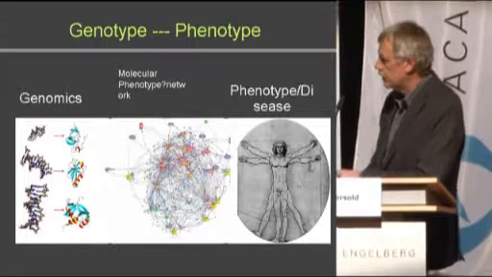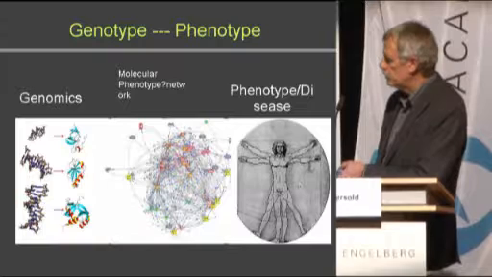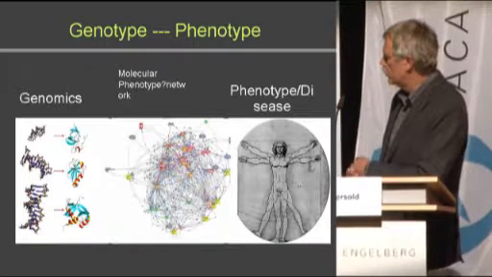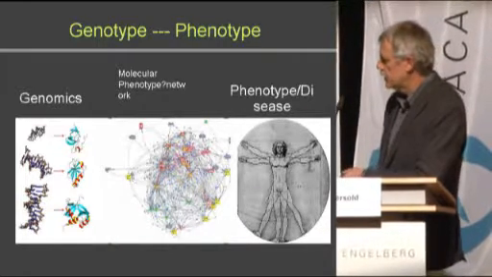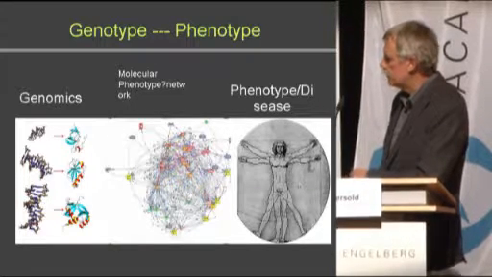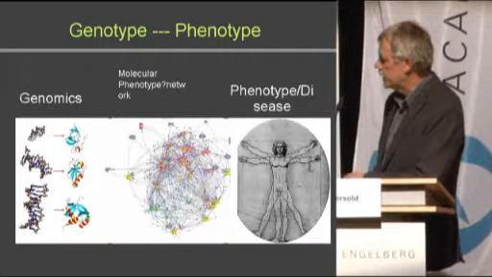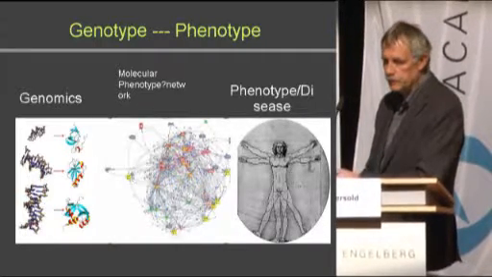So what we're getting at here is that the very difficult leap from genomics to a phenotype, we would say there is an interspersed level of a molecular phenotype which these days is represented as a network of interacting molecules.